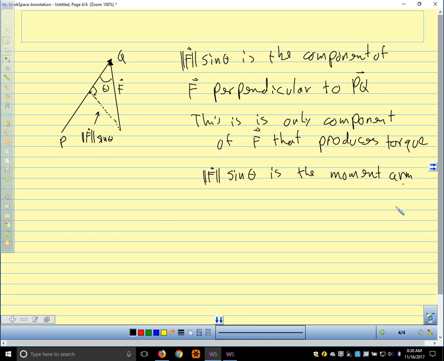How do you want to push the wrench to produce the most torque? You want to push perpendicular to the wrench. You don't want to push along the wrench, you want to push perpendicular. And the other way you can produce more torque is to make your wrench longer.